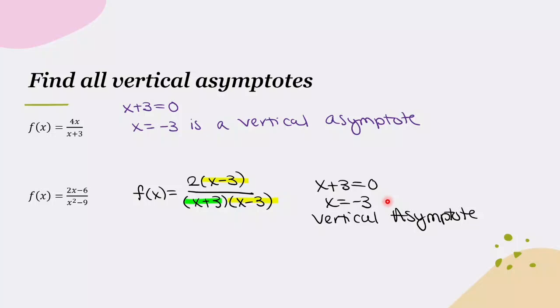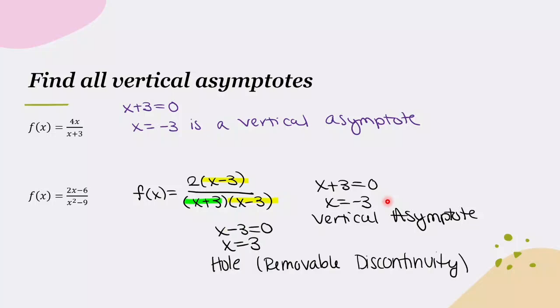So vertical asymptotes occur at zeros of the denominator as long as that 0 comes from something that's not a common factor. That x minus 3, because that is a common factor, that actually means that we're going to have a hole in the graph at x equals 3. And holes are sometimes referred to as removable discontinuities.